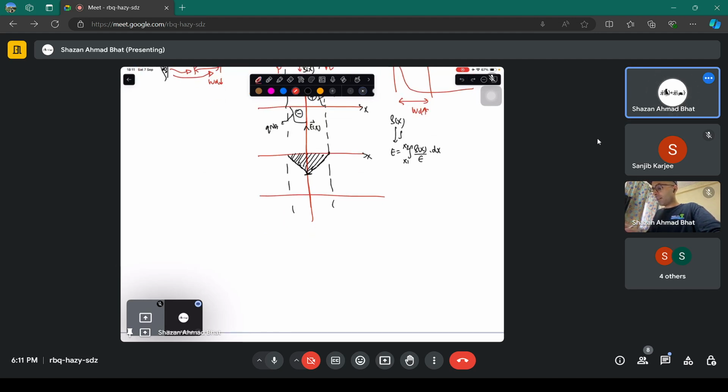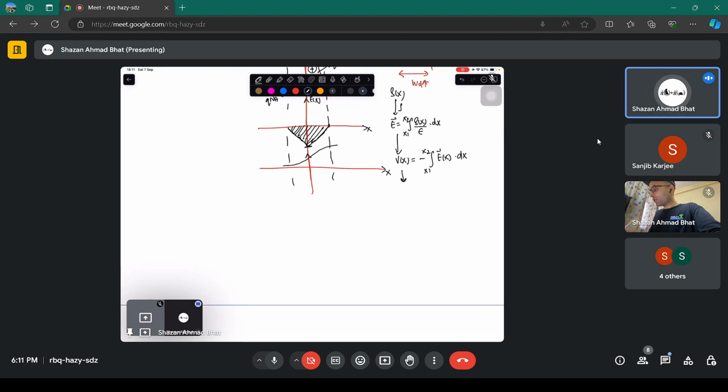Then you can go on integrating this particular electric field. You can obtain the potential as a function of x equals minus the integral of electric field times dx from x1 to x2, and so you get the potential profile as a function of x. And if you invert this potential, you can get the potential energy.